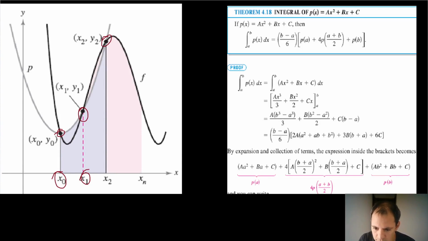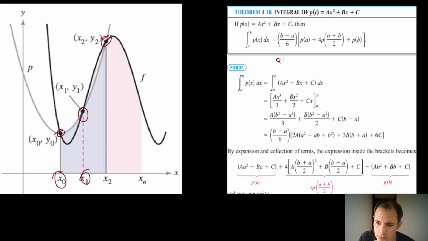So why is this P of A? It's P of A because look at this formula here. Let's just say that you put an A here and you put an A here. So it's going to be A squared. You have A squared in here, you have bA in here, you have c. So if this is the P of x, this thing is the P of A, and this thing here is the P of B. And then you have A plus B divided by 2, which is just going to be the midpoint.